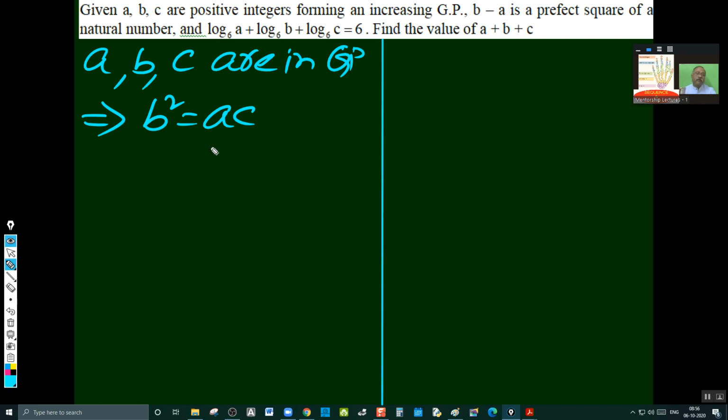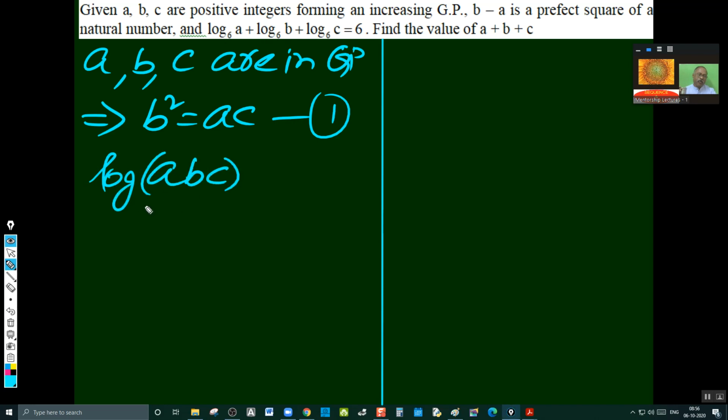Now this is equation 1. Let us keep it like that. If you see the second equation given there, log A plus log B plus log C with the same base becomes log of ABC to the base 6 is equal to 6. This implies ABC becomes 6 power 6.